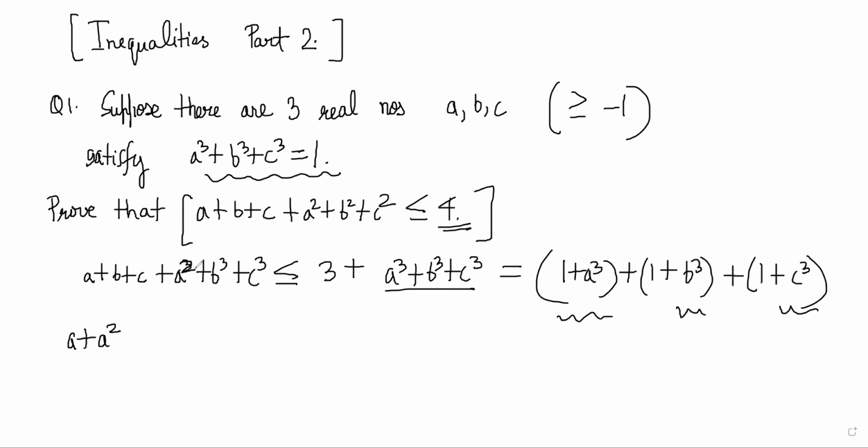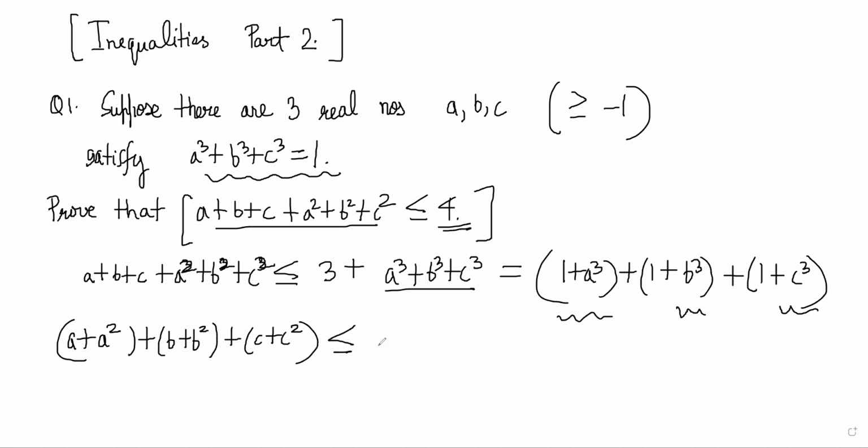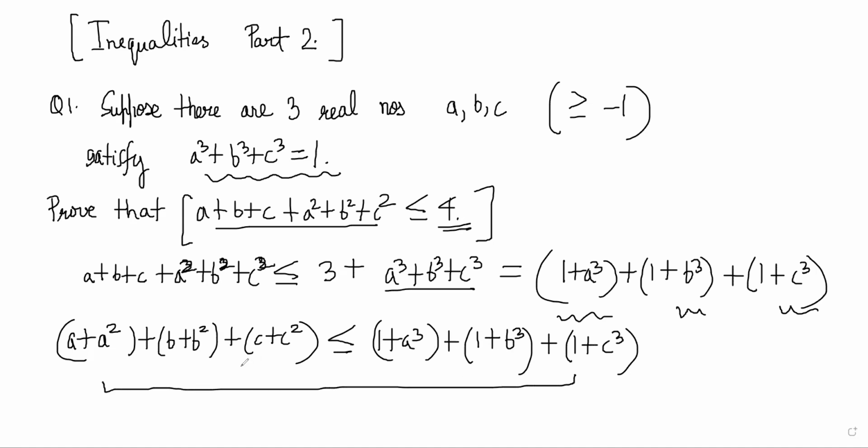A plus A square plus B plus B square plus C plus C square, I have to show that it is less than equal to 1 plus A cube plus 1 plus B cube plus 1 plus C cube, right? This is the same inequality, but it is a much easier inequality to prove than the starting point here.